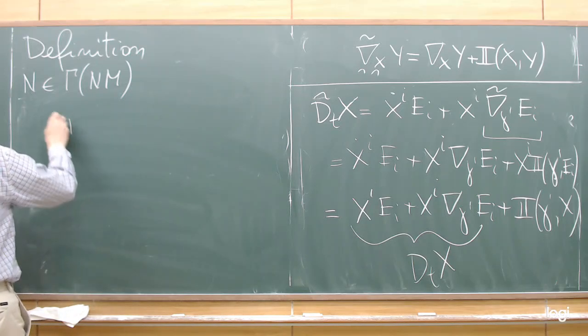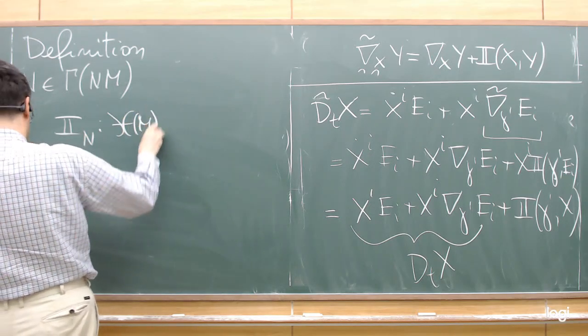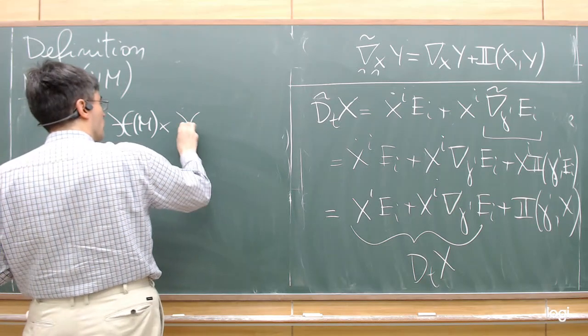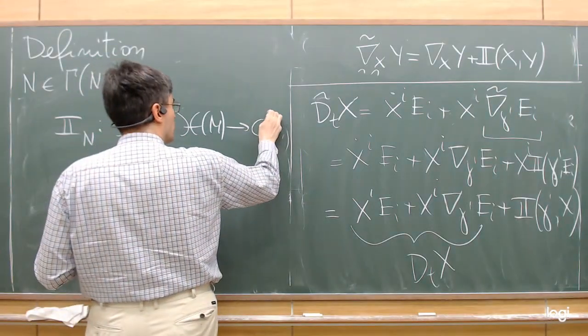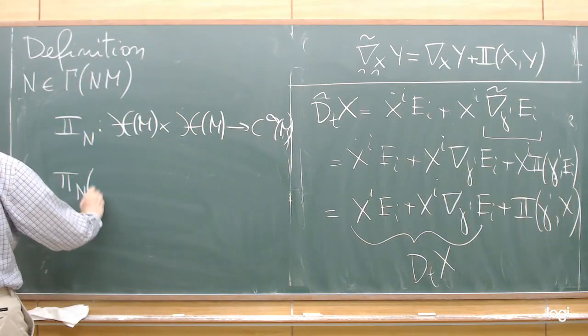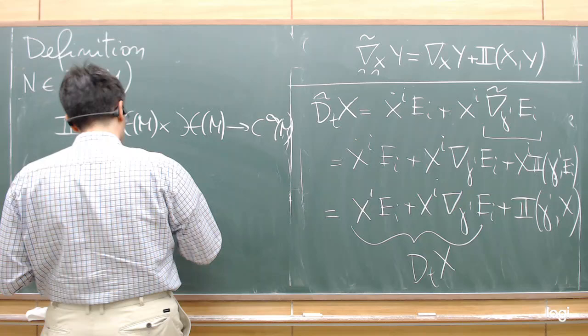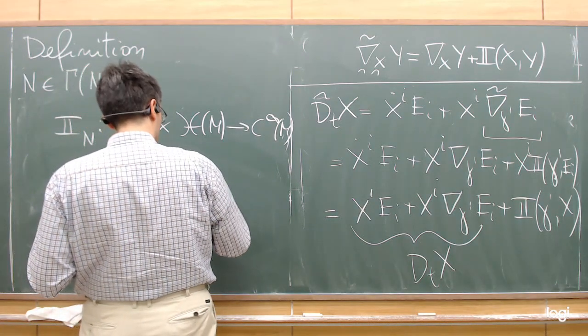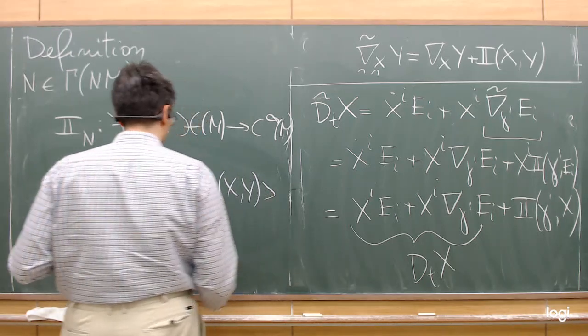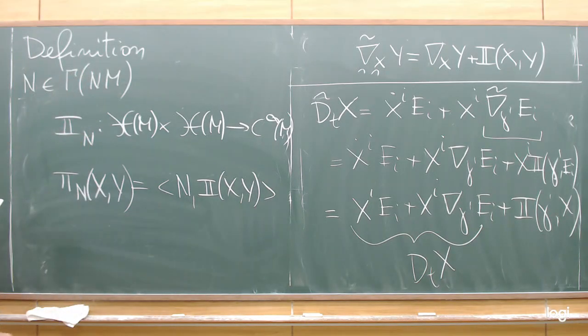Then we define the map II_N, writing II_N of x y equal to the inner product of N and II of x y.